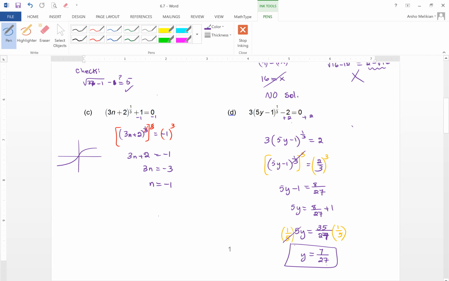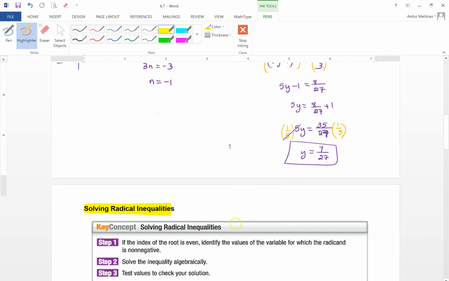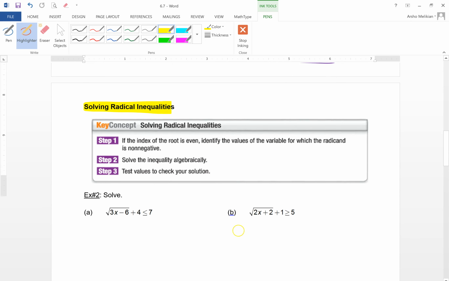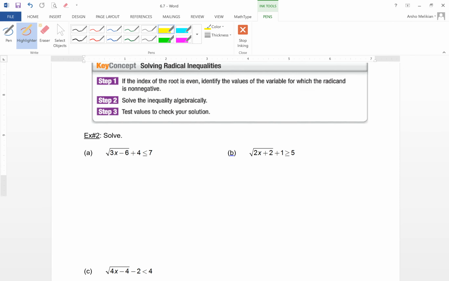So much for equations. How about radical inequalities? In this case, we have to do two things. If you have an even root, when the index is even, what we have to look for is the following.